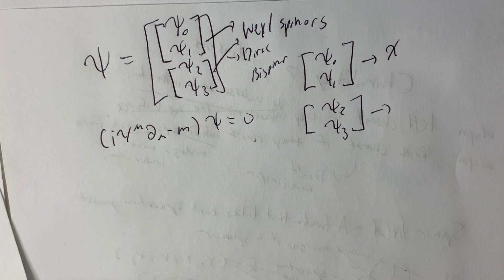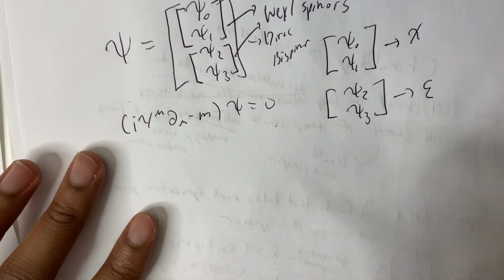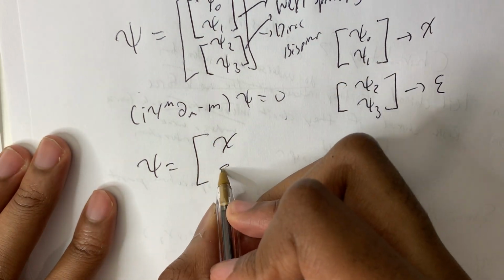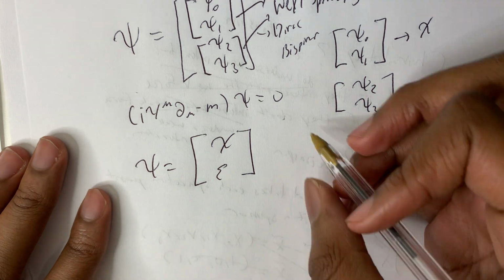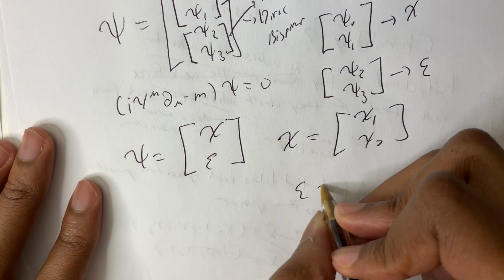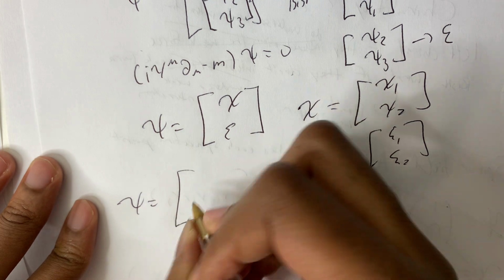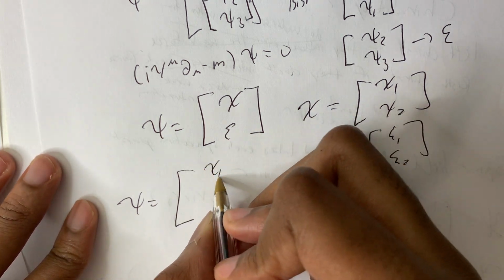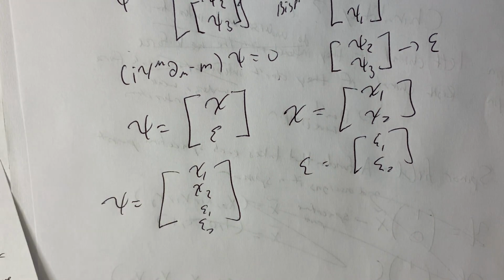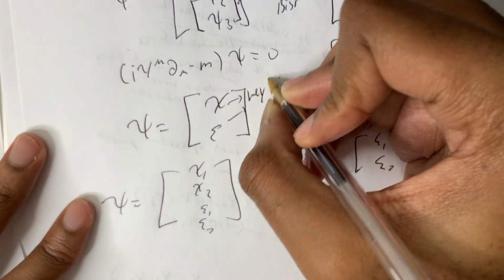Personally, I hate that Greek letter, so I'm going to use epsilon to denote the lower side. So now psi can be written as chi and then epsilon. Sometimes people relabel, so chi is chi 1, chi 2, and epsilon is epsilon 1, epsilon 2, making the Dirac bispinor chi 1, chi 2, epsilon 1, epsilon 2. That's also a valid notation. So chi and epsilon are said to be Weyl spinors.